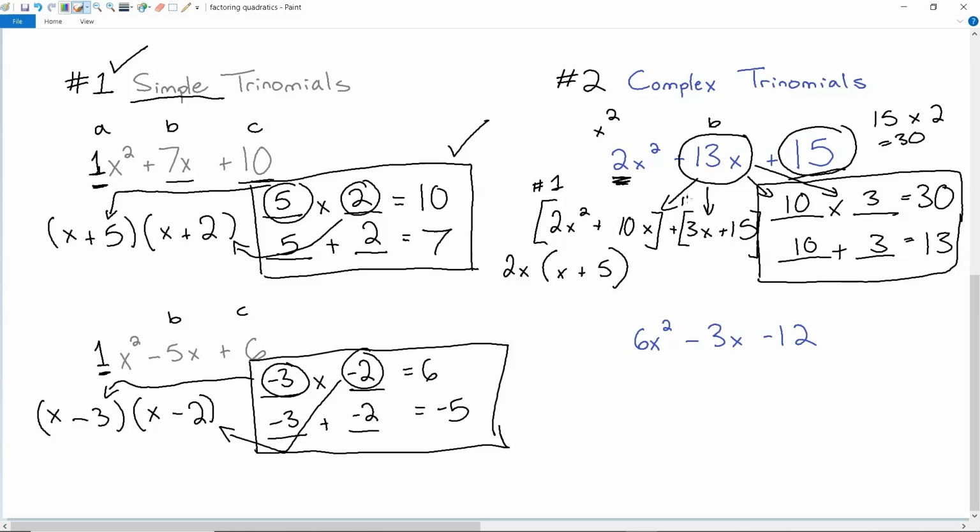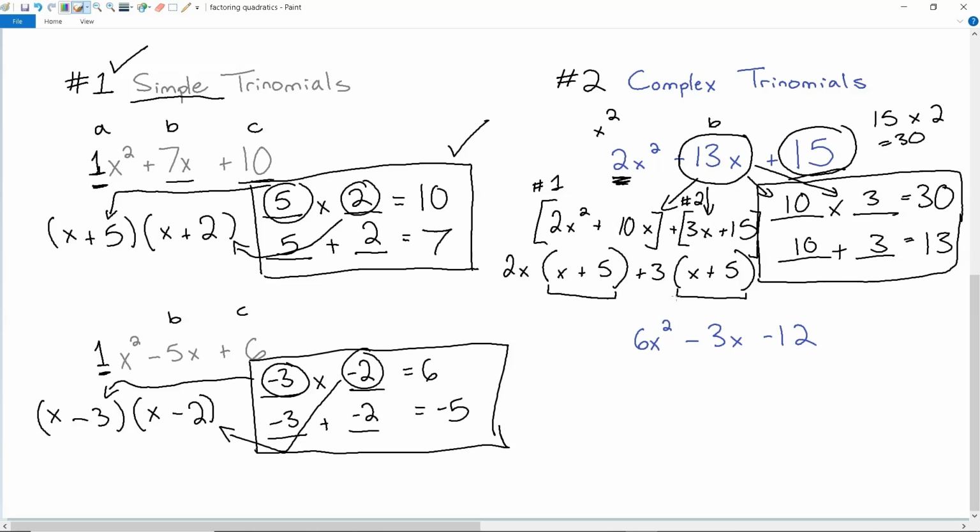Then, if I move on to my second pair of terms, I have a 3x plus 15. What I'm going to do here is pull out a 3, and then I am left with an x plus 5. And if you follow these steps correctly with a complex trinomial, you should get the same bracketed term on both sections of your answer.